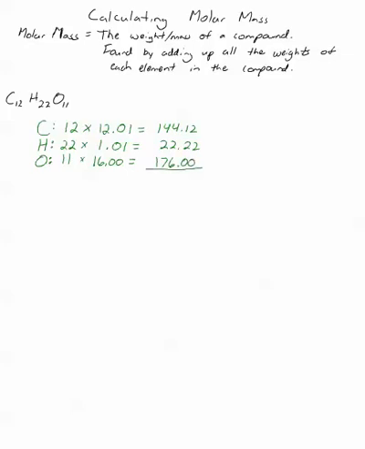Our whole purpose was to find the mass of the whole thing. So we add up the weight from the carbon, plus the hydrogen, plus the oxygens, and you'll get 342.34.